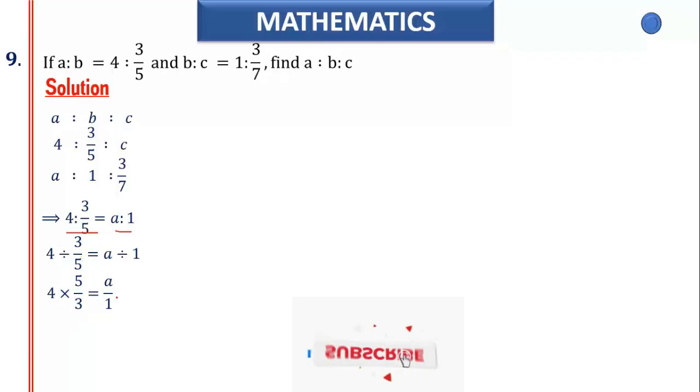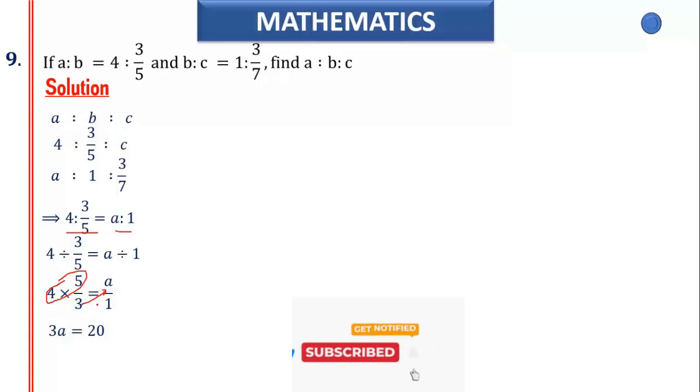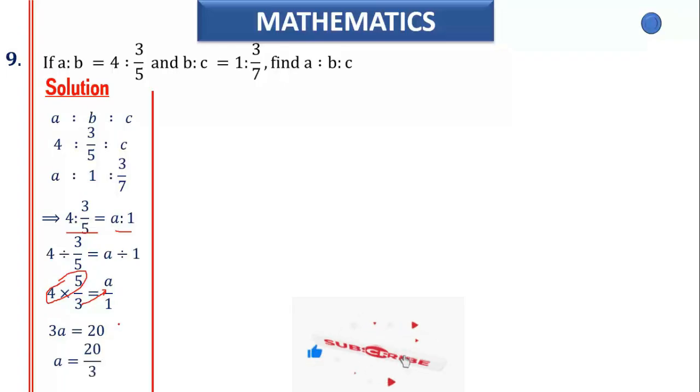Then we can simplify further. You agree with me if you cross multiply here? 4 times 5 will give you 20. So if you cross multiply, you have 3 equals 20, so A equals 20 over 3. So we have gotten our value of A. What you need to do now is return the A back to this position.